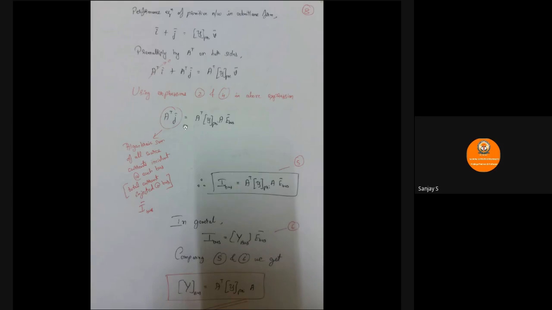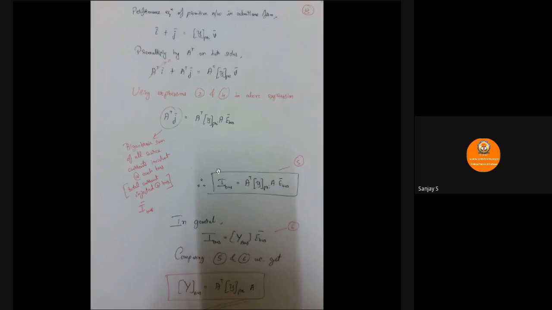And then one of the realizations. After multiplication, you have A transpose into I plus A transpose into J is equal to A transpose Y primitive into V. So, from equation number 2, we know that A transpose I is equal to 0. And from equation 4, we know that V is equal to A into E bus.